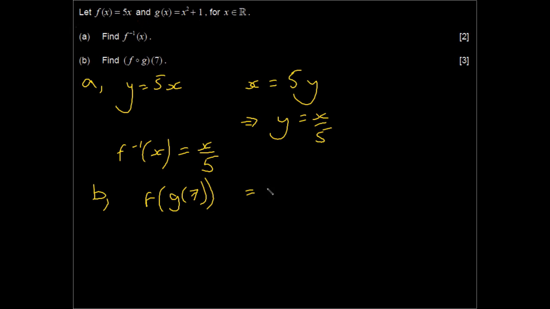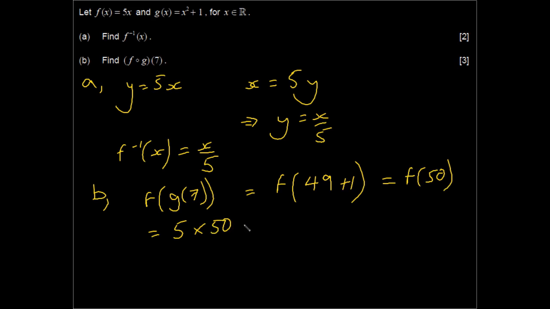So that would equal f of, and then that's going to be 7 squared, which is 49, plus 1. So that's going to equal f of 50. And f of 50 is going to be 5 times 50, which is going to equal 250.